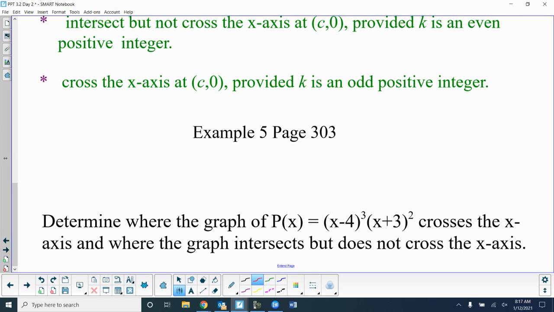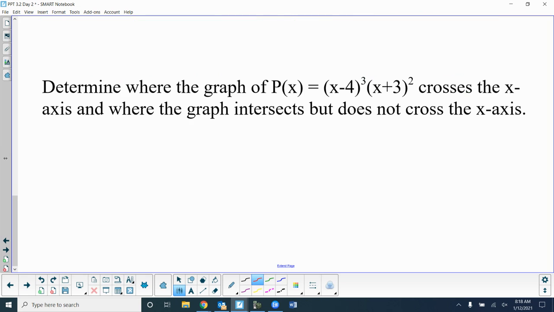So they'll give you a polynomial in factored form. Okay? And if the exponent's odd, we'll say it crosses at that 0. When the exponent's even, we'll say it bounces at that 0. You should be able to tell me what the 0 is. Okay?